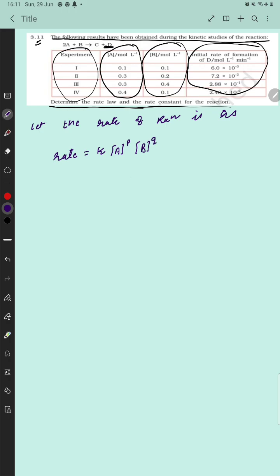So this is the general equation. Suppose these are the rates R1, R2, R3 and R4, because here the experiment numbers have been given.